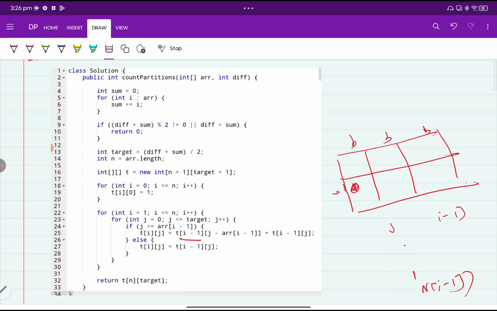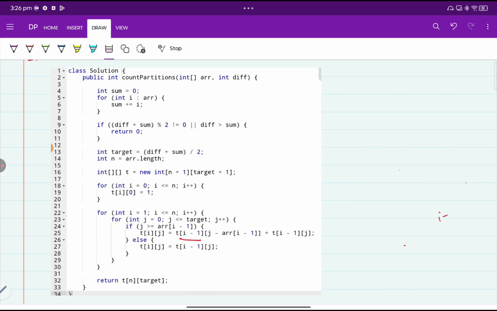If I do not include it, then the target value stays the same. This also has to be done.